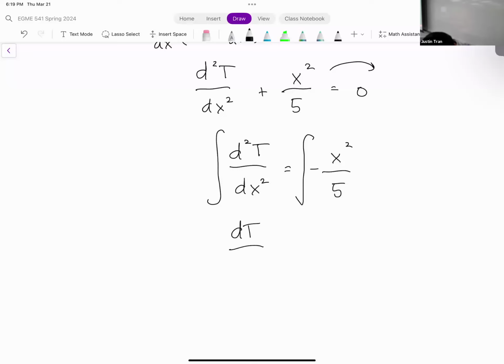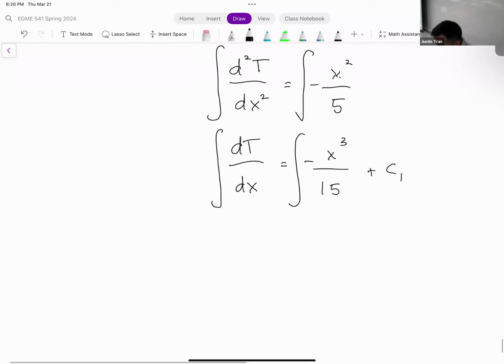On the left-hand side, we have dT dx is equal to the integral of minus x squared over 5. That's going to be minus x cubed over 15. Okay. Remember, we need to add our C1 there. Let's integrate this one more time.